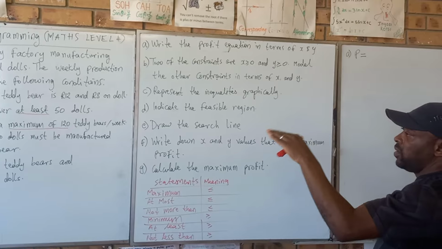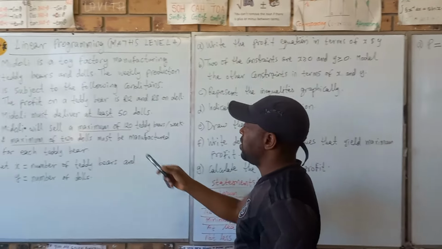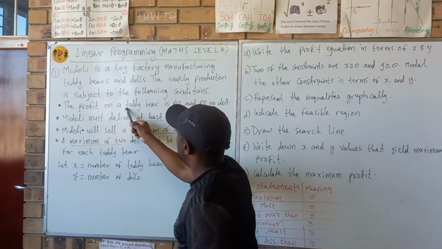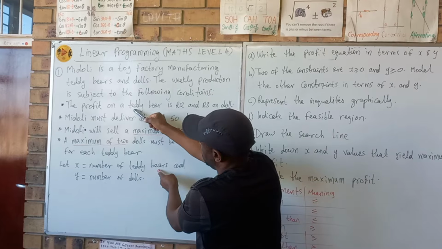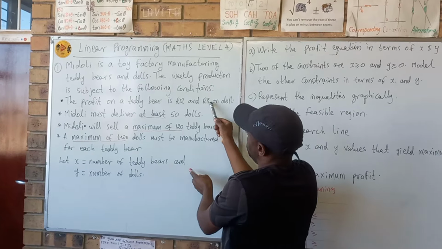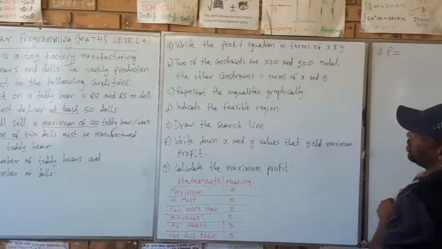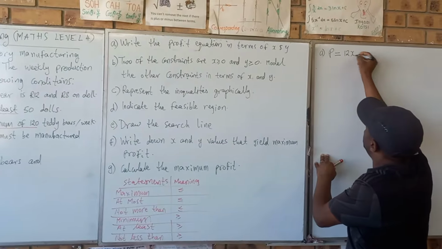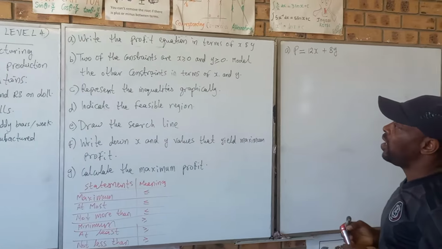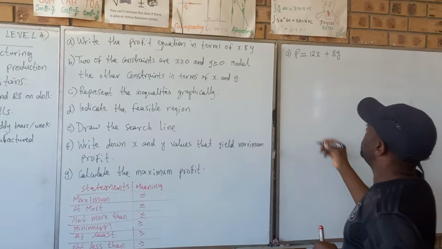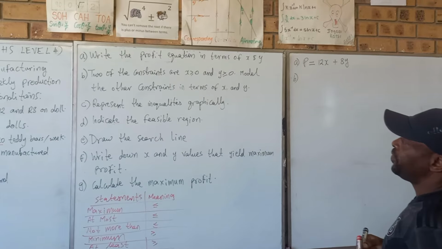Looking at the first condition, it's saying the profit on a teddy bear, which is X, is 12 rands, that means I'll take 12 times X, and 8 for a doll, that is 8 times Y. So that leads me to my profit equation, which is simply 12X plus 8Y. So with A, I'm done. With linear programming, the challenge is that the scenario is always long, but the answers are so short.